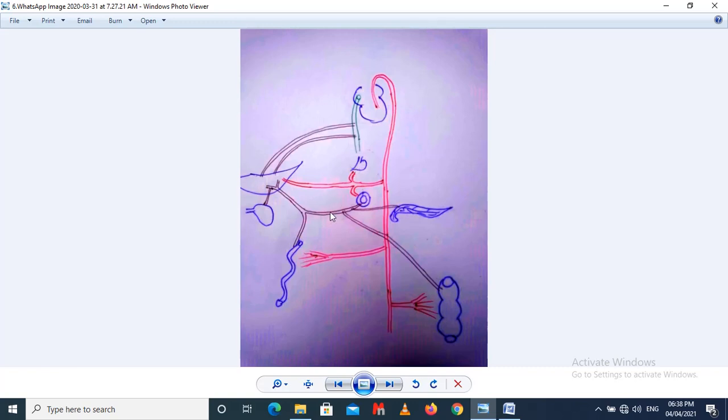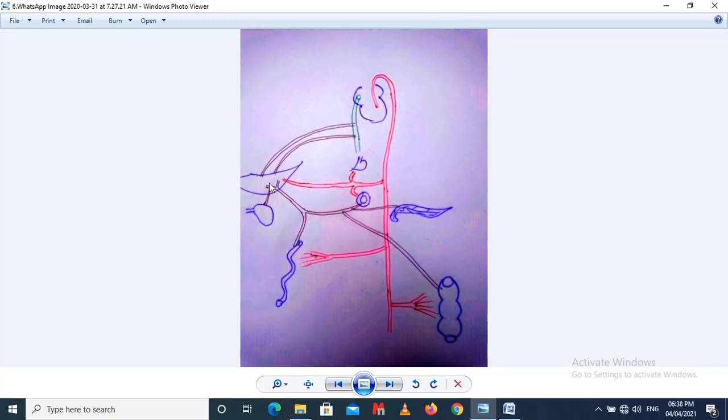So the gastric vein, the superior mesenteric vein, and the inferior mesenteric vein all contain the recently digested and absorbed material and food items. All of these travel through these veins and go through the hepatic portal circulation to the liver.